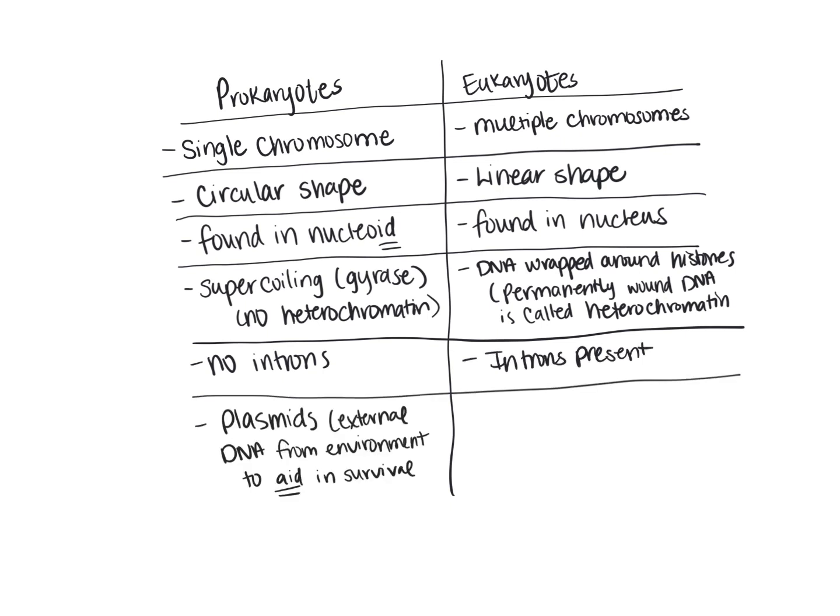Another unique feature to prokaryotes is the presence of plasmids. Now, plasmids are external pieces of DNA, and they're usually circular. So it's circular DNA that comes from the environment. And the whole idea about plasmids is hopefully these bacteria will gain some type of superpower to aid in the survival of the bacteria.